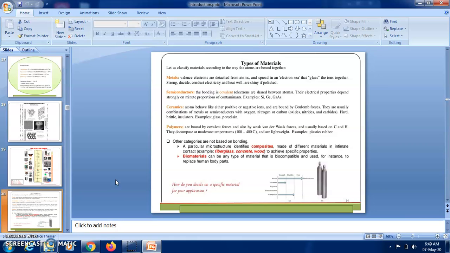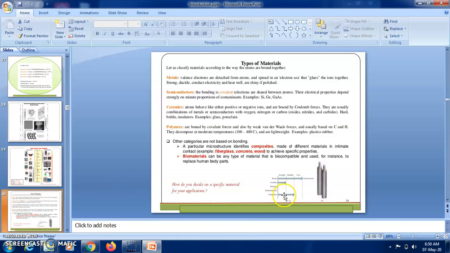Then composites: the particular microstructure identifies composite materials made of different materials in intimate contact, for example fiberglass, concrete, wood. To achieve specific properties, a biomaterial can be any type of material that is biodegradable, used for instance to replace human body parts.